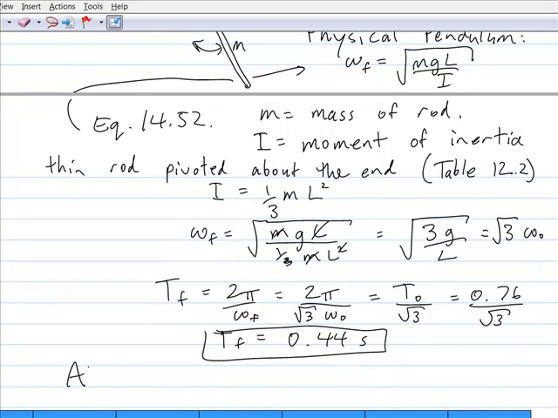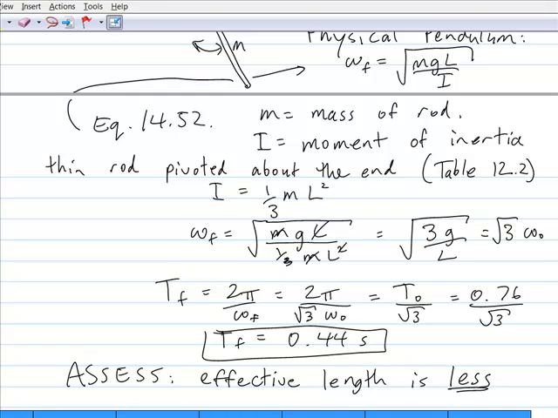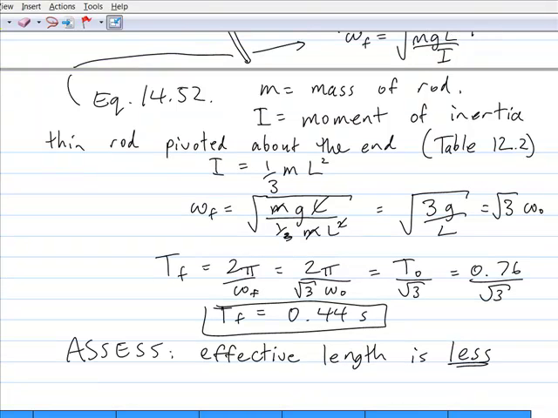So I'm just going to say the effective length of the pendulum is decreased, is less. We know that the period increases with length, right? So if you shrink the length, you're going to decrease the period. So the period is a bit less, not hugely less, but that's okay.